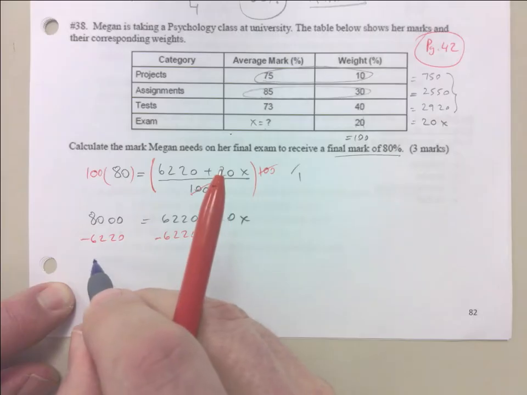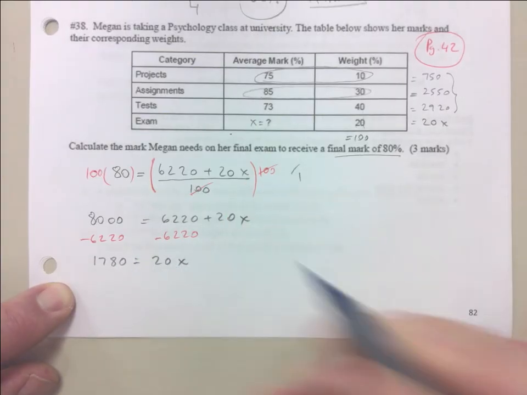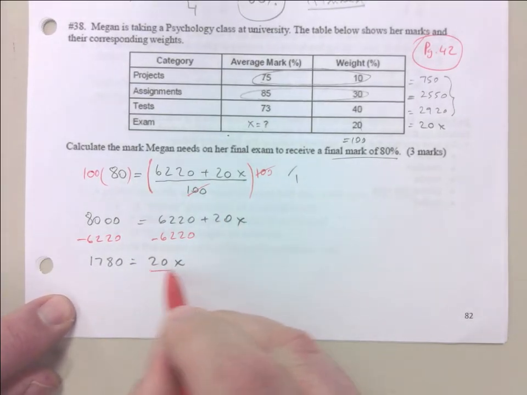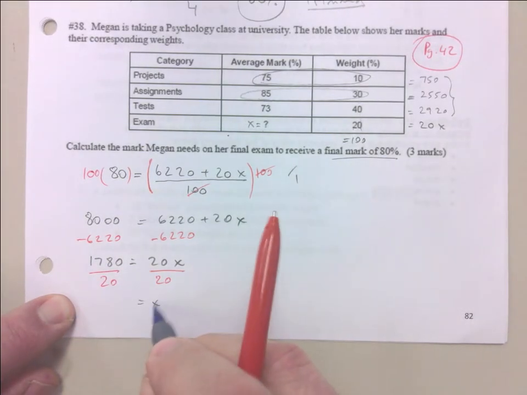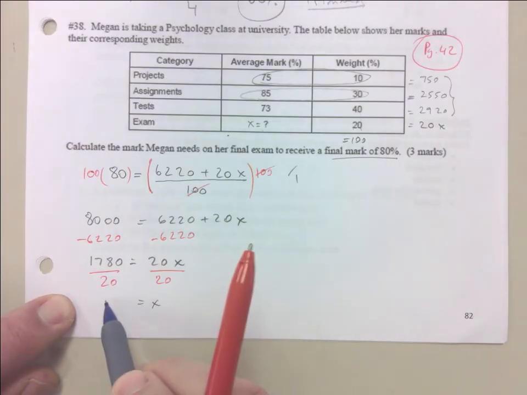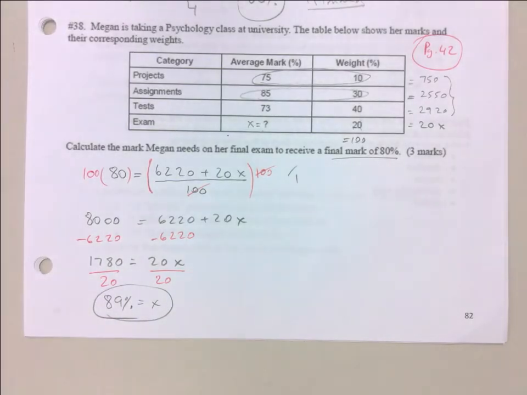That leaves you with 1780 is equal to 20x. And then you divide both sides by 20. And that's going to leave you with 89% is what is required. You got to score 89 on the final exam to get that 80% average in this particular case.